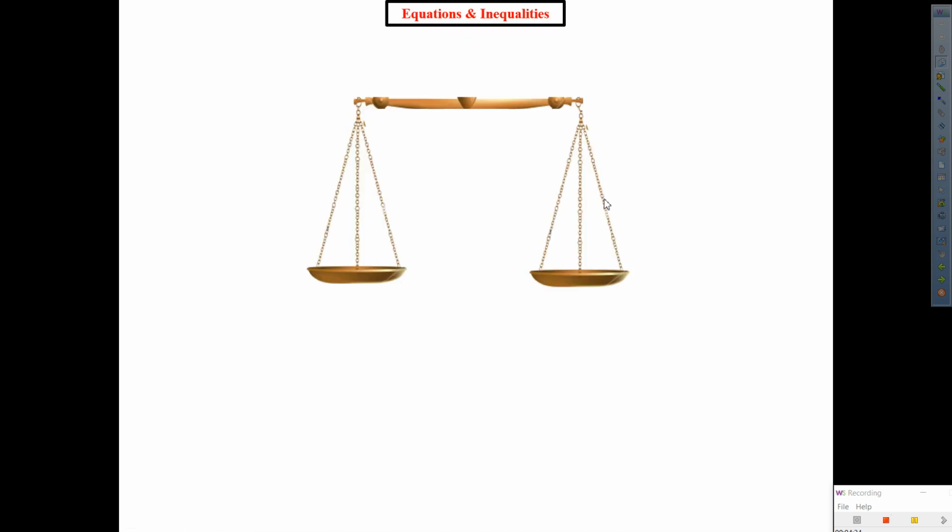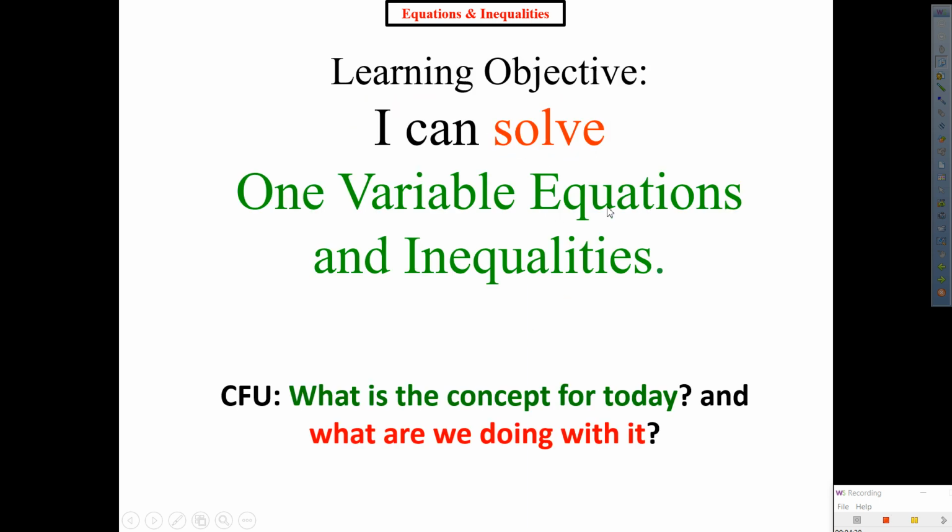All right. So, again, the intro was about keeping it balanced, yes? And we are in one variable equations and inequalities. I can solve one variable equations and inequalities. We do not need a fair model since we already know what they are. So without looking at your notes, tell your neighbor the definition for one variable equations and inequalities.